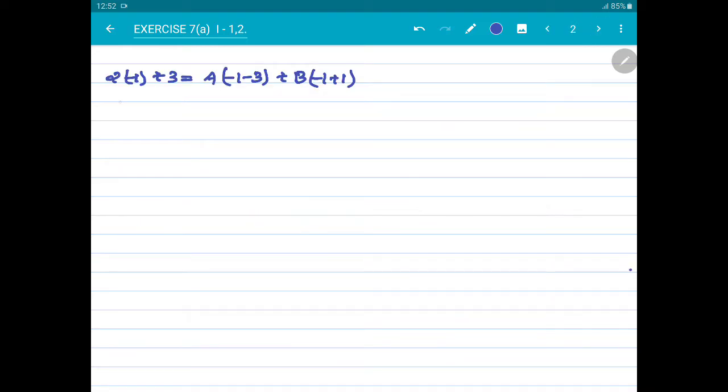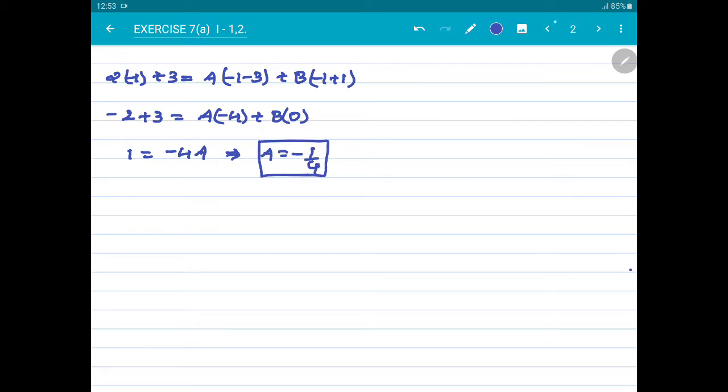The simplification is -2 + 3 = a times (-4) + b times 0. So 1 = -4a, because the next term is 0. This implies a = -1/4. This is the value of a.